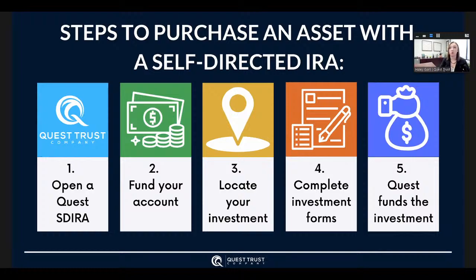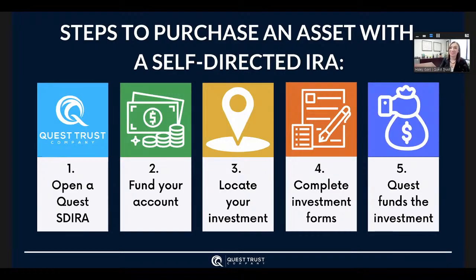It just depends on where the funds are coming from and how quickly they can process that. The reason I like to mention that here is because internally at Quest, our processes are very fast. It's always going to be 24 to 48 hours from the time that we have the executed documents that we need. So our timeframes are very fast.